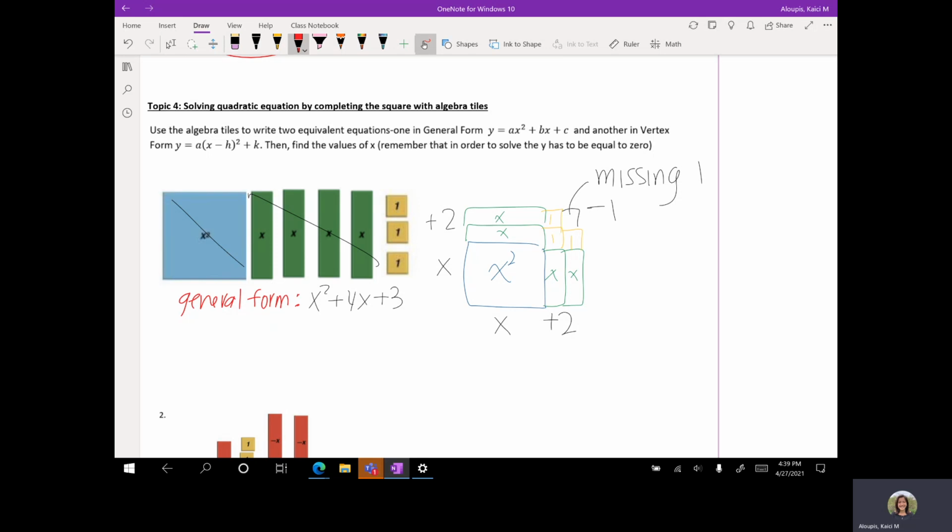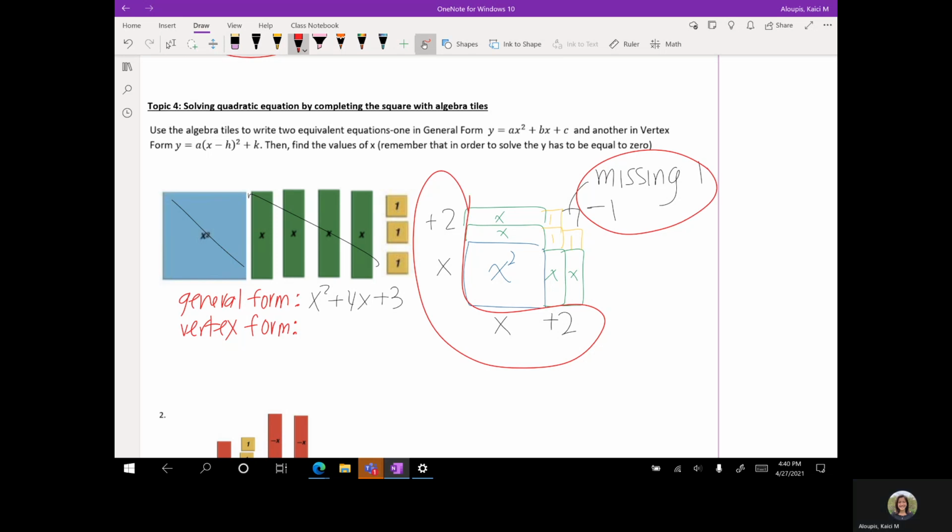The vertex form is everything that you see on the outside here, and if we're missing or have any additional things. So this x plus 2 is being multiplied by this x plus 2.